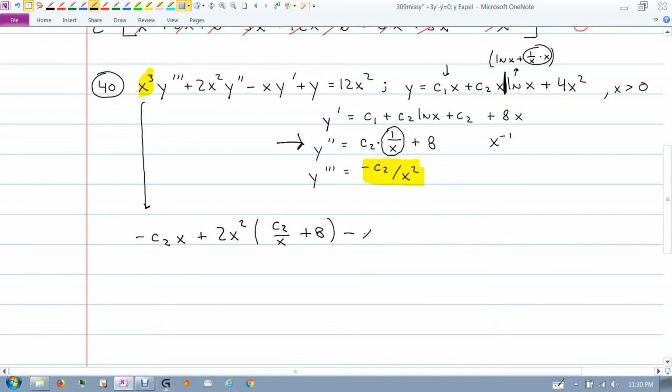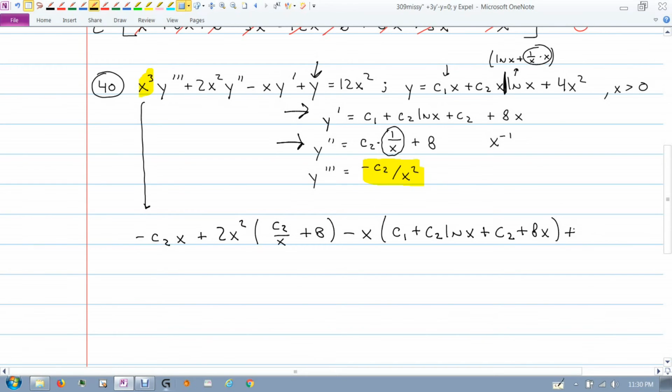And then minus x times y prime, and y prime is right here, so c sub 1 plus c sub 2 ln x plus c sub 2 plus 8x, and then plus y, that's where I am now.